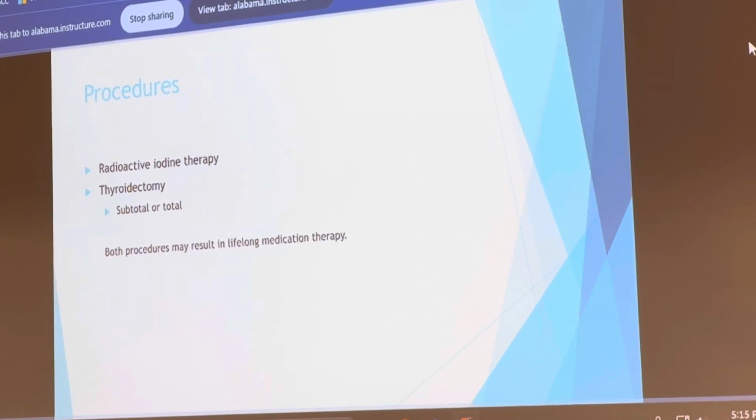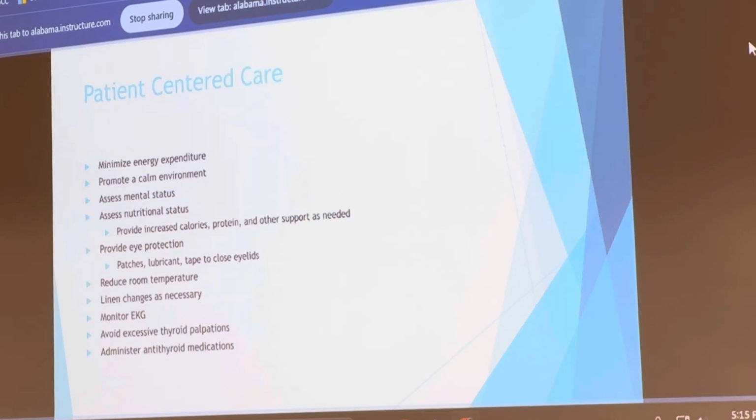Both of those help to decrease the stimulation of the thyroid. Methimazole or Tapazole, T-A-P-A-Z-O-L-E. We could treat with those two medicines, which are most often prescribed. They'll decrease your thyroid stimulation.